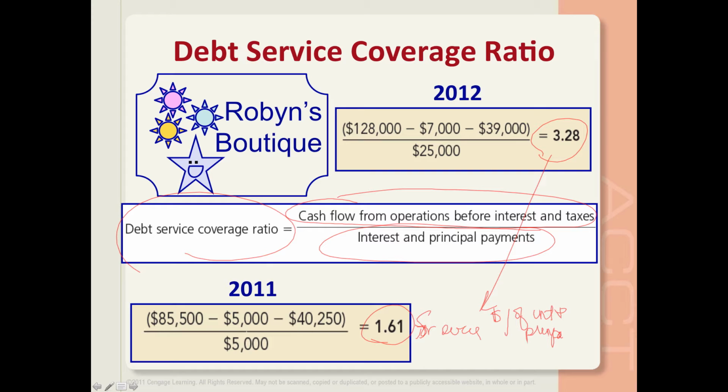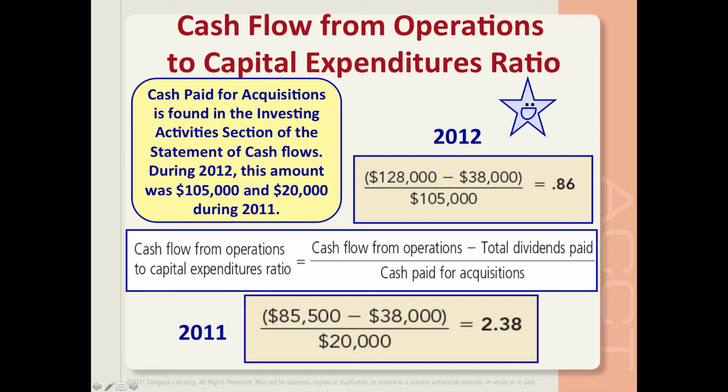The other one that I'd like to go ahead and take a look at, and I believe it's the final slide in this session, is cash flow from operations to capital expenditures ratio. This ratio measures the ability of the company to use cash flow from operations to finance its acquisitions of property, plant, and equipment.